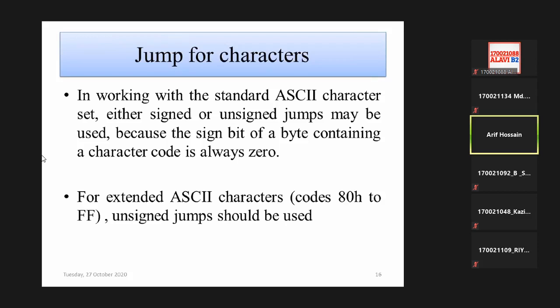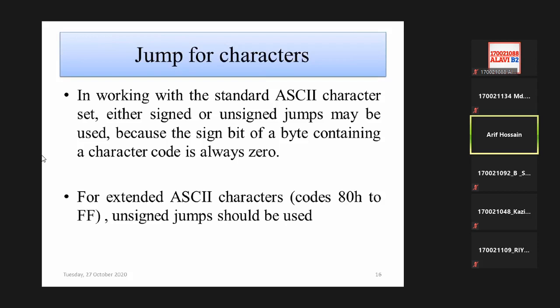Like if you go for 0AH, it has the same signed interpretation and unsigned interpretation, right? So that is what I'm saying. If your MSB is 0, you can go for either signed jump or unsigned jump. That is totally up to you.